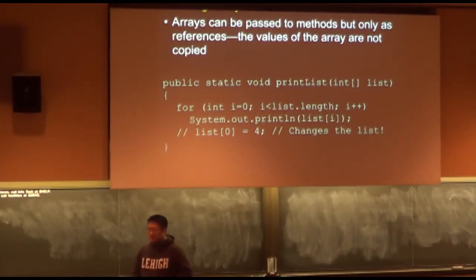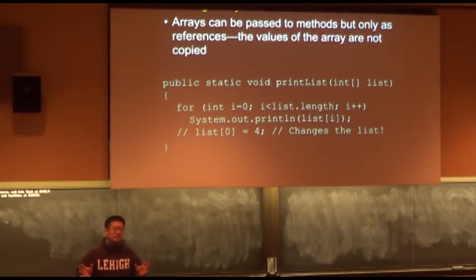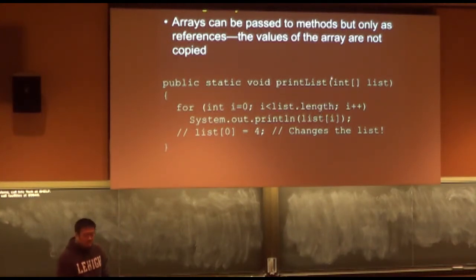And that should set off alarm bells in your head because you should be like, wait a minute. Didn't Dr. Chen tell us about pass by value and how when you pass data into a method, changes to that data shouldn't propagate outside of the method because that variable is made a copy of and all that? That's exactly true. So what's happened here when I run printList is that I've made a copy of the pointer to this data.